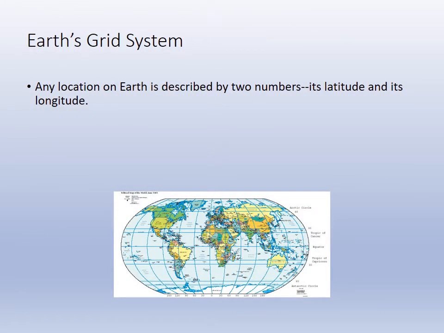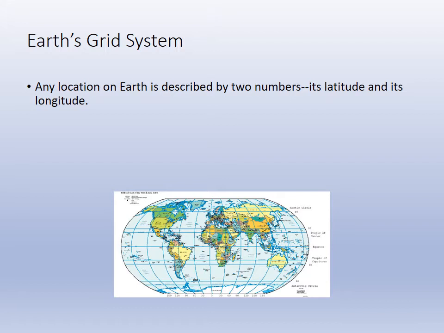We describe the location on Earth by using a grid system. We've all heard of latitude and longitude. Picture it the same way you would an XY graph, where you chart the points and give an ordered pair.